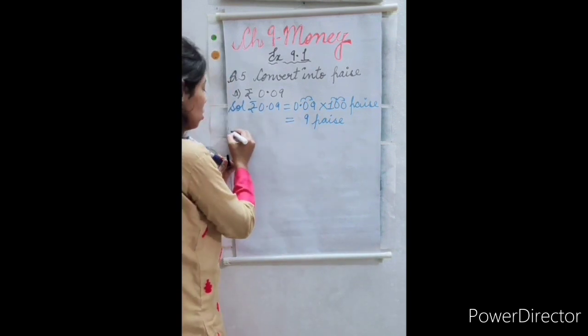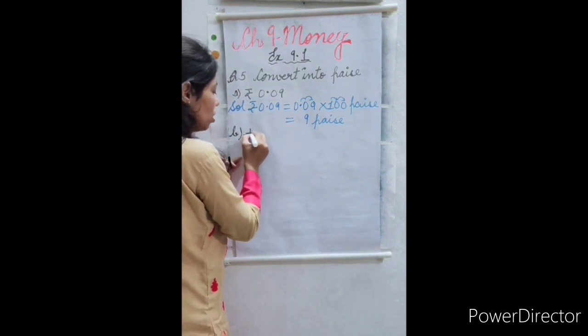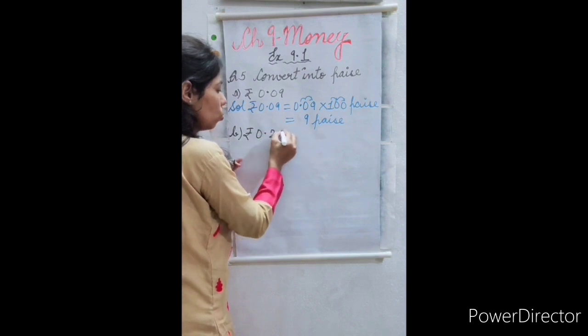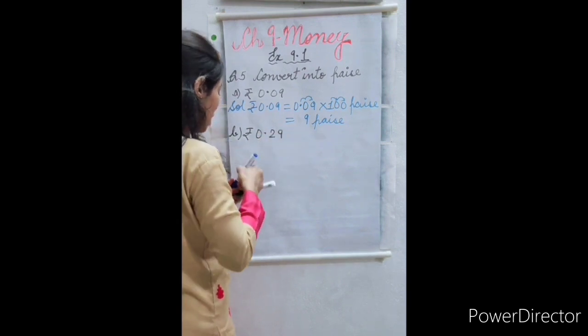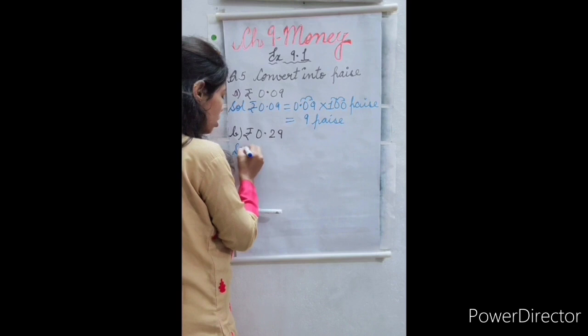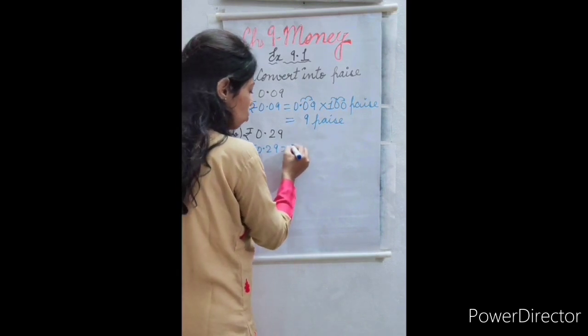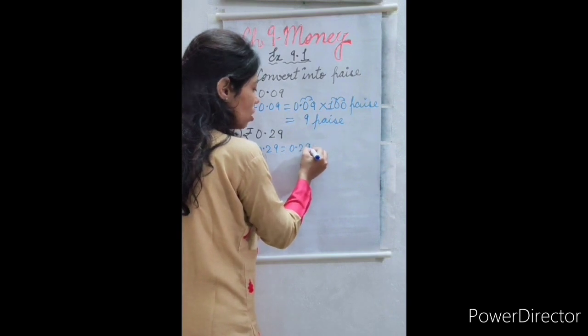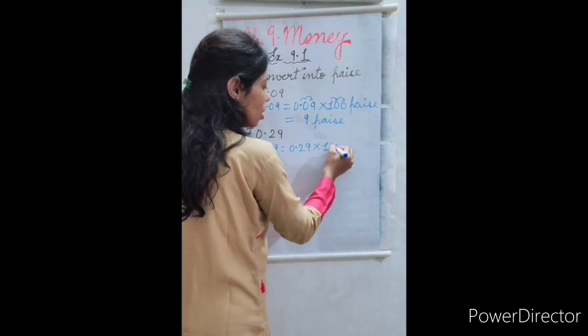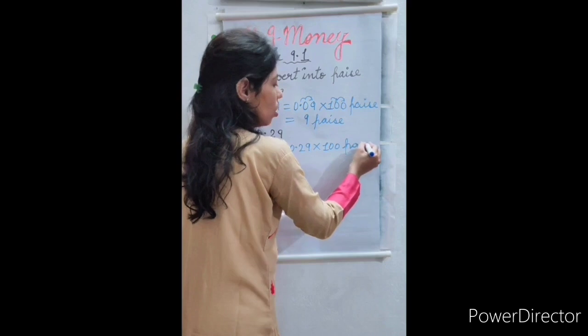Let's do the next part. Part B is rupees 0.29. It is the same as part A. Let's solve it. Rupees 0.29 equals 0.29. We will multiply it by 100 paise.